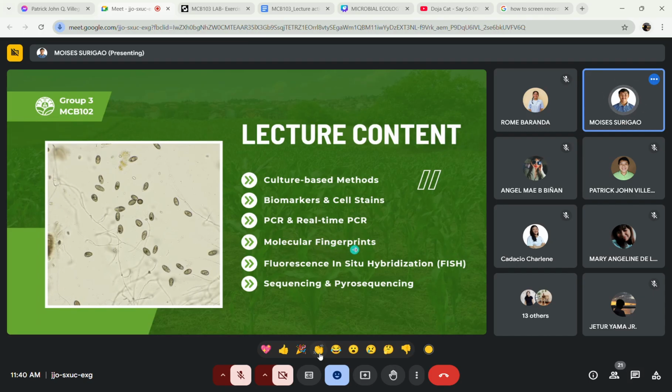We have two more methods left in studying or characterizing microbial communities, which are FISH, fluorescence in situ hybridization, and sequencing and pyrosequencing. So we will discuss these two for the class meeting.